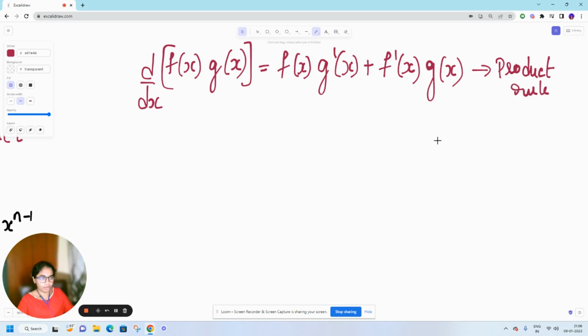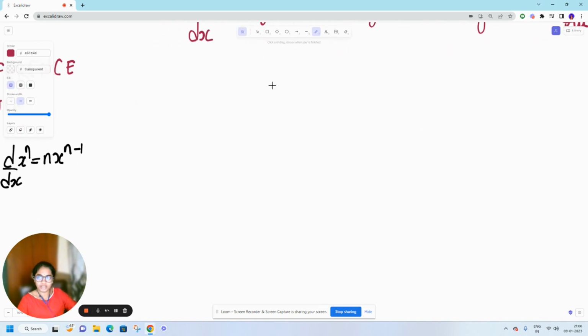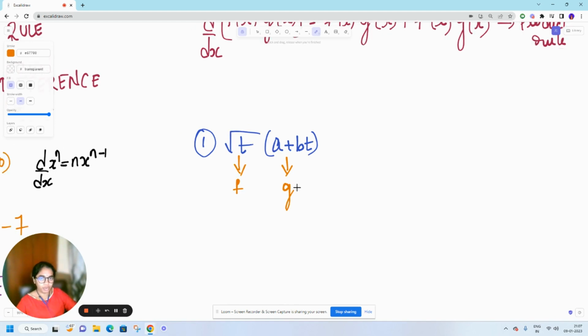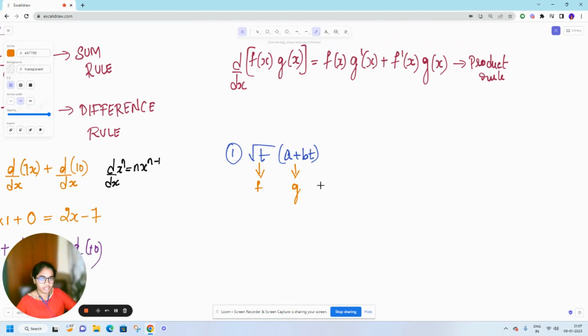Let me solve some problems on this now. The first question is find the derivative of square root of t into a plus bt. So clearly this is in product. What do we have in place of f? I have root t. In place of g, I have a plus bt. What does the rule say? The rule says first write f of x as it is.